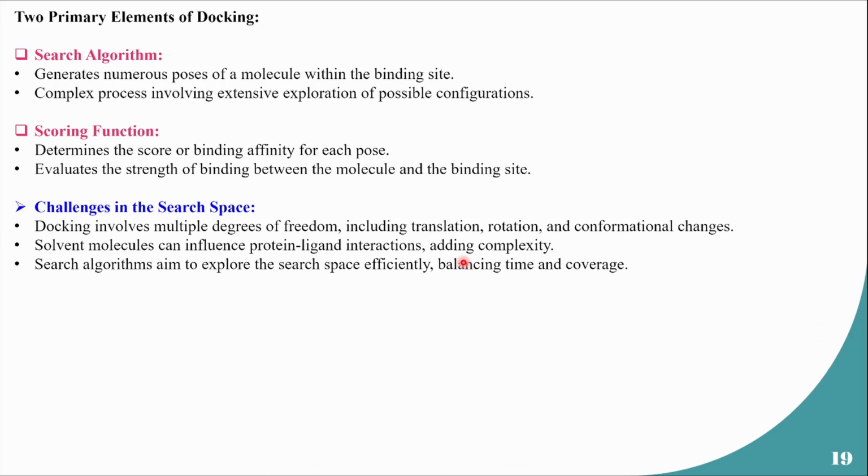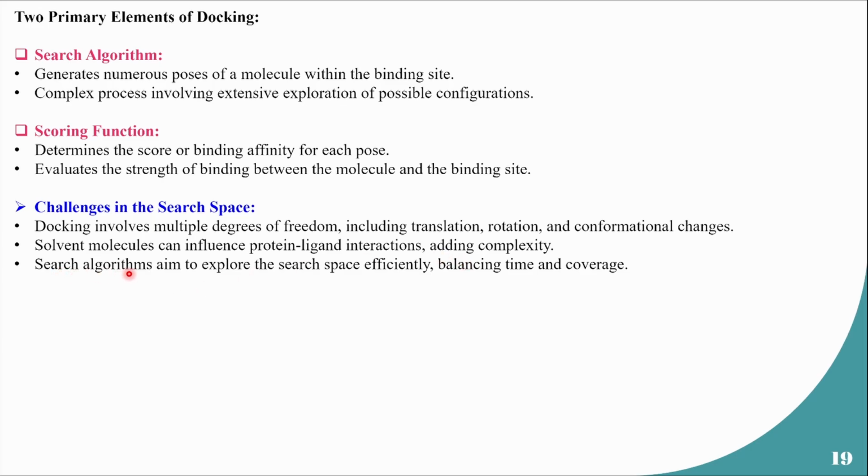Due to this large number of degrees of freedom, if you try to go through every single conformation and every possible combination, it will be vastly computationally expensive, and it will take a large amount of time, right?